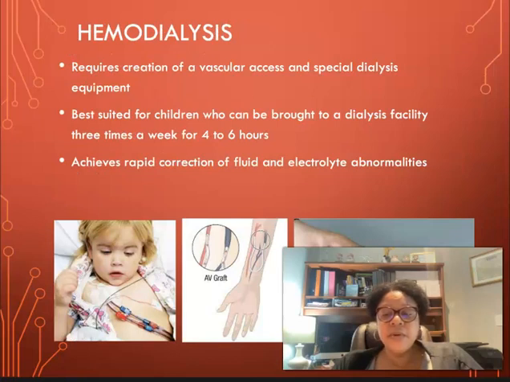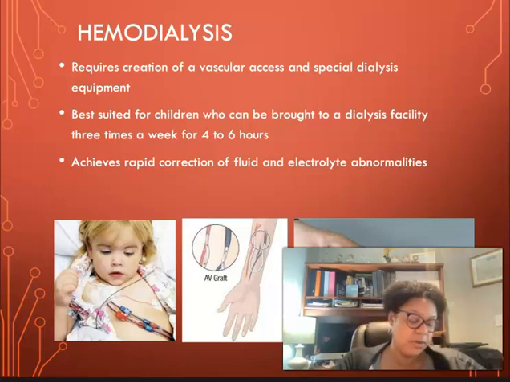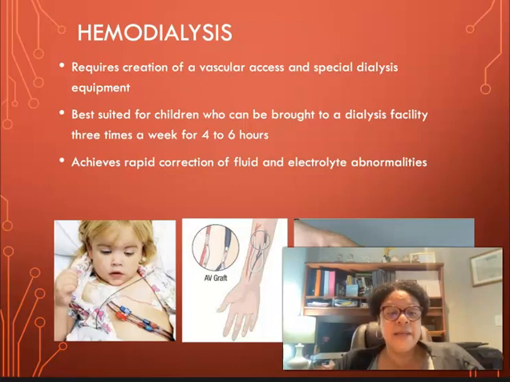The next one is hemodialysis, and it's actually the last one. There's a couple of things you need to know about hemodialysis just as a nurse. First of all, we know this is heme, so this is actually blood. So there's an external system where blood is removed, goes through that machine, and it takes over what the kidney cannot do. It requires a special access, which we call a VAS cath.